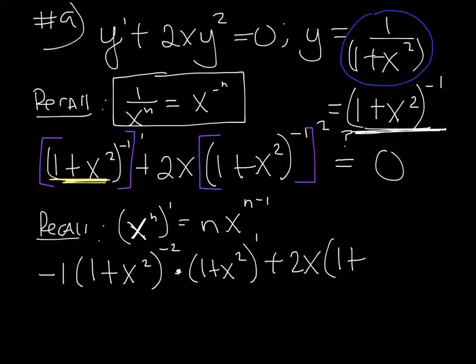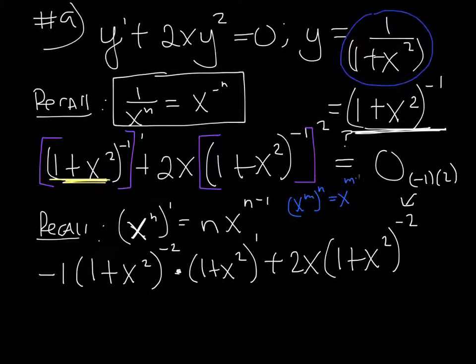So this is 1 plus x squared, and this guy is negative 1 times 2. I'm using x to the m, to the n, is x to the m times n, where this is my m and that's my n. That's the law of exponents that I used.